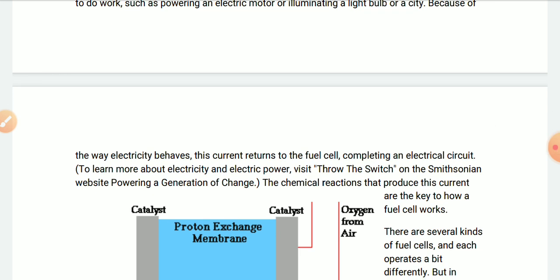Since oxygen is readily available in the atmosphere, we only need to supply the fuel cell with hydrogen, which can come from the electrolysis process.